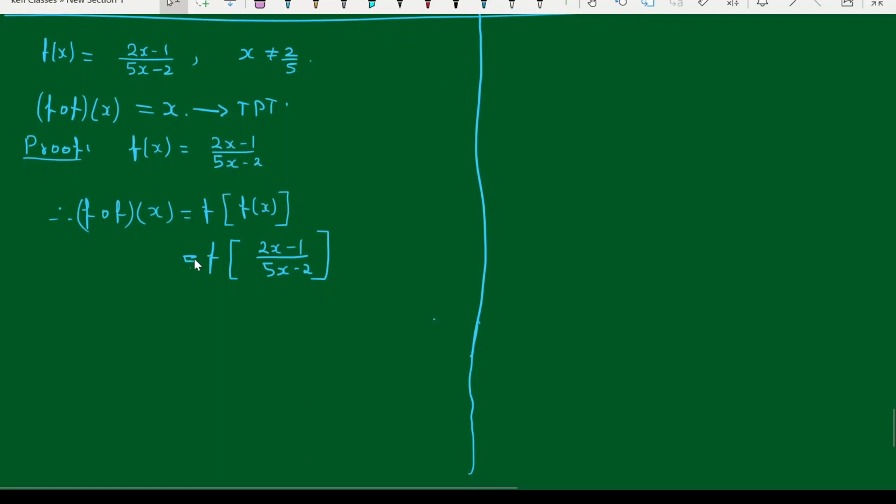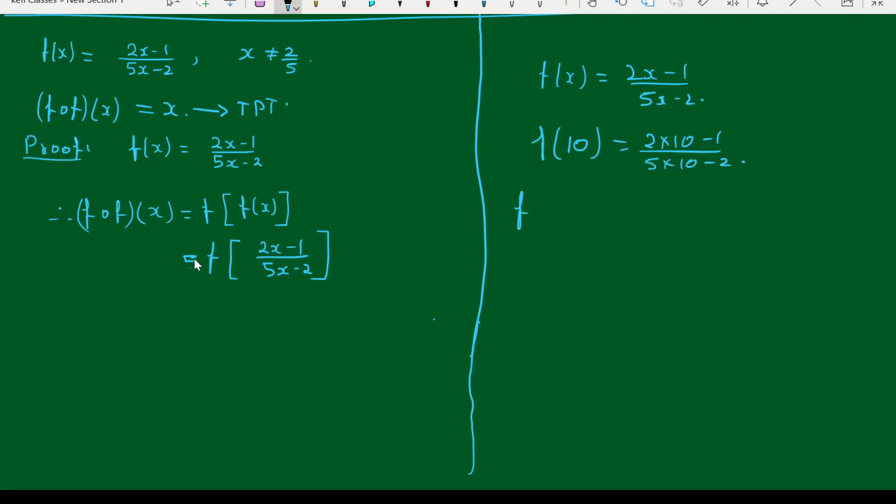हमारा प्रिंसिपल क्या रहता है? लाइक सपोज f of x was given to me, say 2x minus 1 upon 5x minus 2, ये दिया है. If I want to find f of 10, what should I do? Substitute x is equal to 10, right? So this is going to be 2 into 10 minus 1 upon 5 into 10 minus 2.